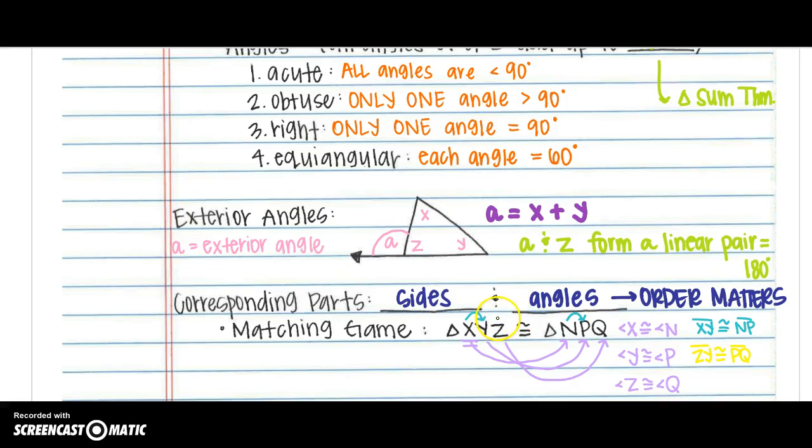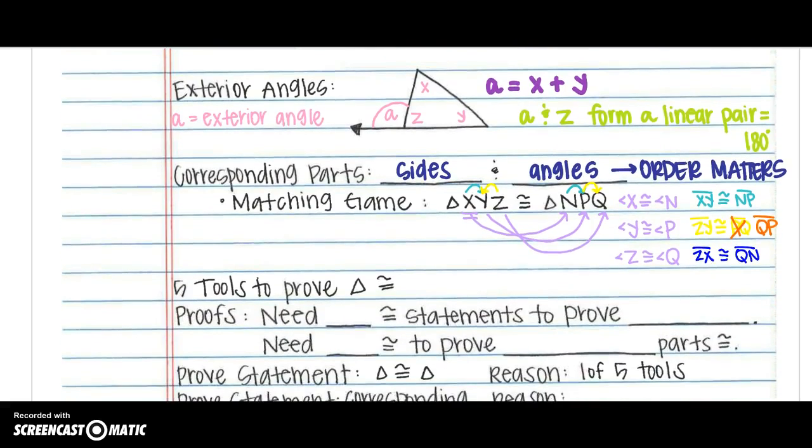So ZY, third to the second, goes with the second to the third. That would not work. I would have to say ZY is congruent to QP. And then last, I could say that ZX is congruent to QN. So just make sure all of those parts are matching up together.